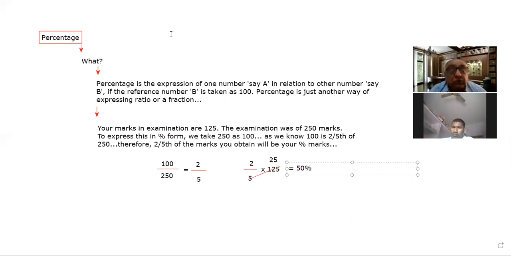So we solve it this way. We have also learned the formula in school classes: percentage marks is equal to marks obtained divided by total marks, multiplied by 100. We do it that way. But both things are the same, there is no difference.